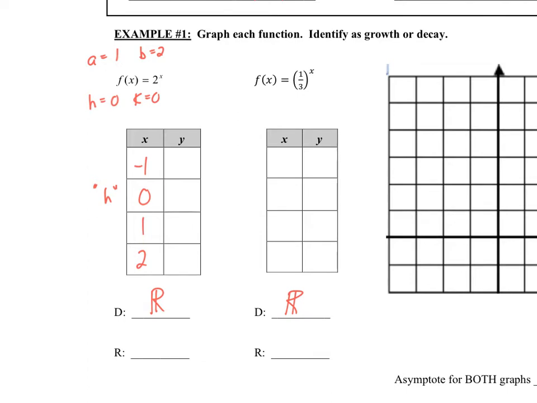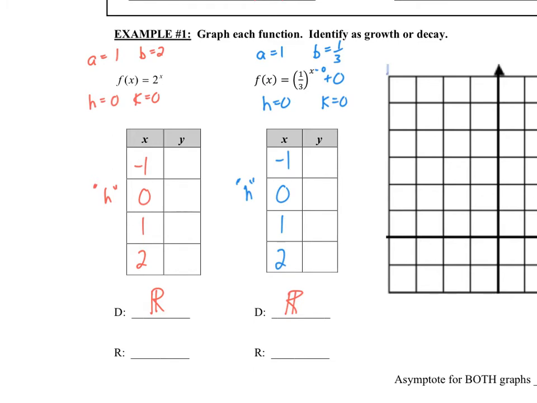The one on the right, a is also 1. For this one, b is 1/3. h is 0 and k is 0. Again, because it's minus 0 plus 0. That's where the h and the k come from. And h should go in the middle again, so 0, -1, +1, +2. Okay?